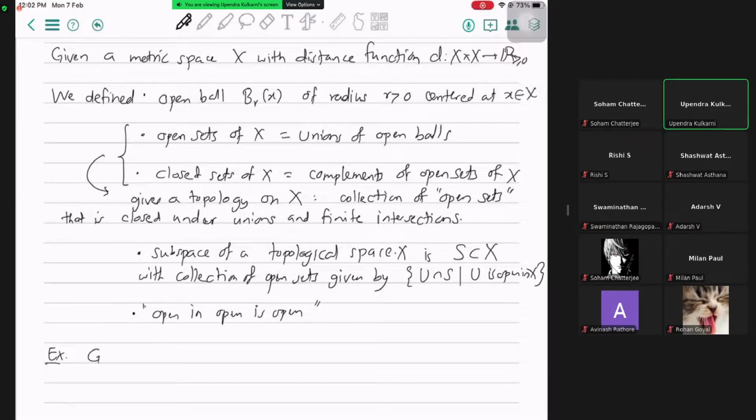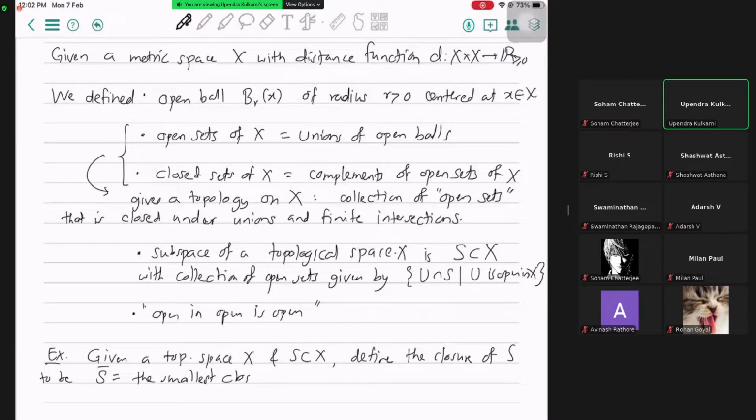Given a topological space X and S in X, define S bar, the closure of S, to be the smallest closed set containing S.